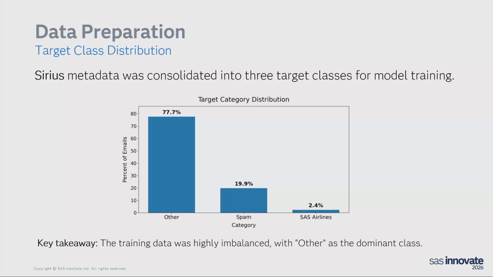To prepare data, we used historical support email data in a secure environment to train our model. And we used the metadata of the Sirius application, which was the former support tracking system we used until we switched to ServiceNow and the CSM platform.